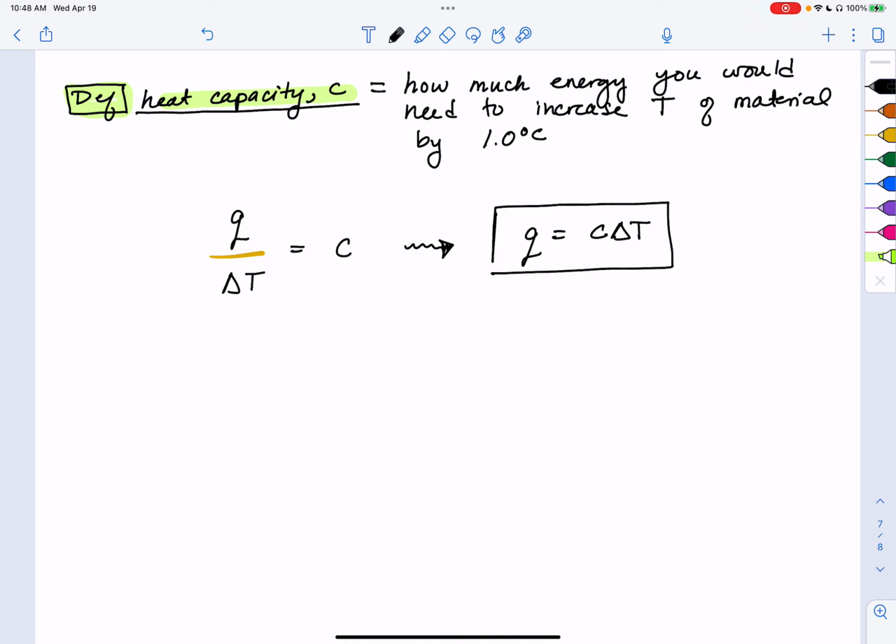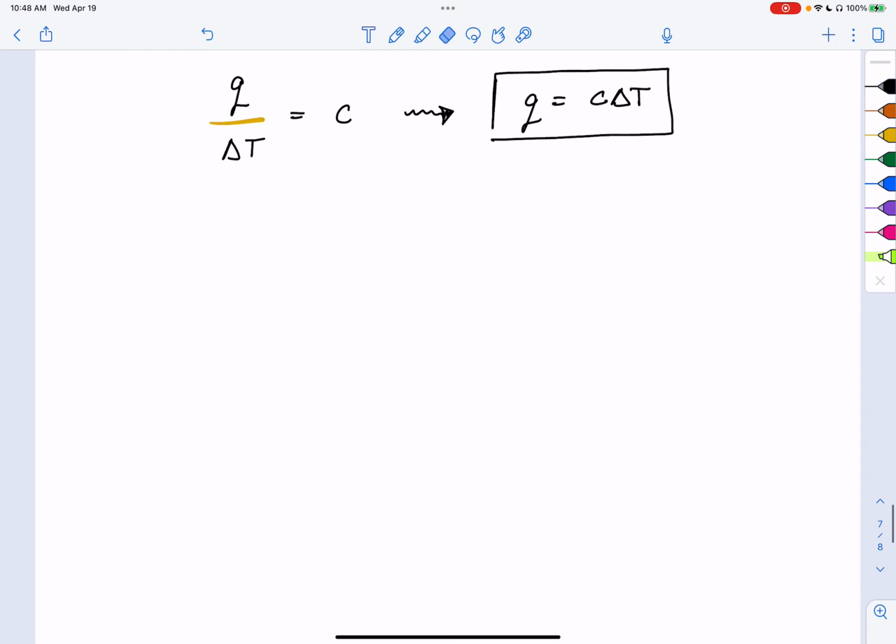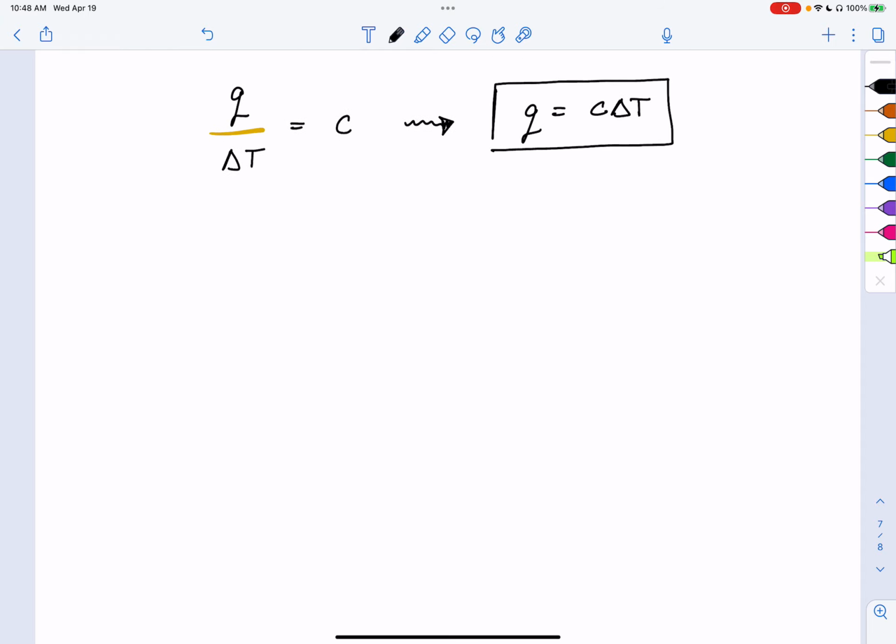So this is our heat quantification or heat equation. However, I don't want to bring too much focus on this because there's another thing that we're kind of not thinking about. So this is like, okay, I'm fine with this, but there's more to the story.